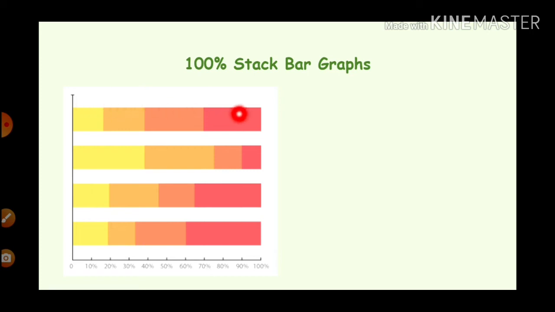Each bar adds up to 100%. So the 100% stacked bar graph shows the percentage of the whole for each group, plotted by the percentage of each value to the total amount in each group. This makes it easier to see the relative difference between the quantities in each group.